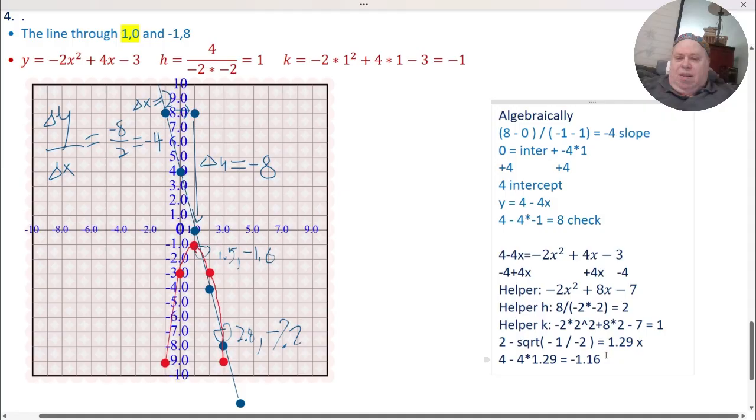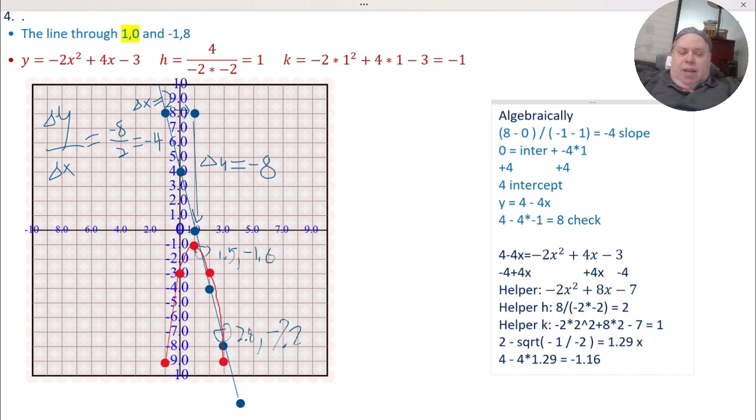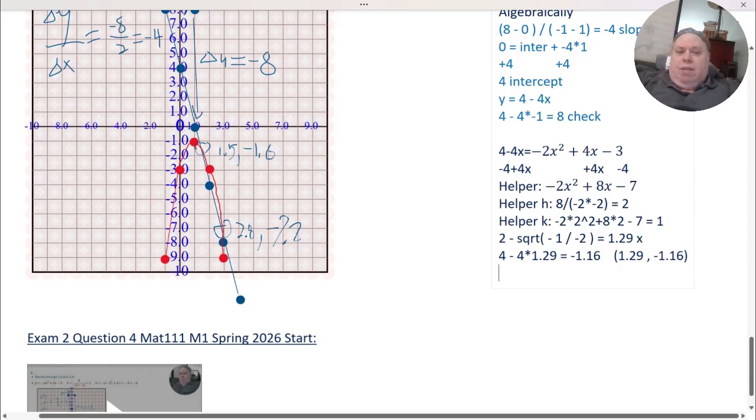I said minus 1.6. Well, I was off by a bit, but still in the right general vicinity. So I get 1.29 comma minus 1.16.